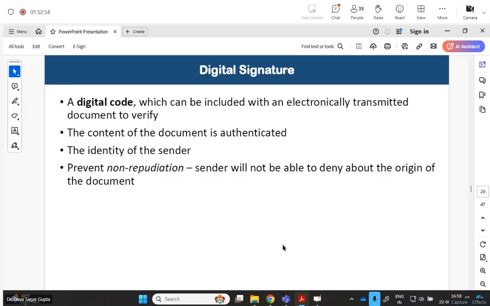Starting 8 digits, not 8 bits. 8 digits means 8 into 4, which is 32 bits. Just for simplicity, from the hexadecimal value you are taking the 8 values. If you change it into bits, it will be 32 bits. Okay, sir. Anything else?